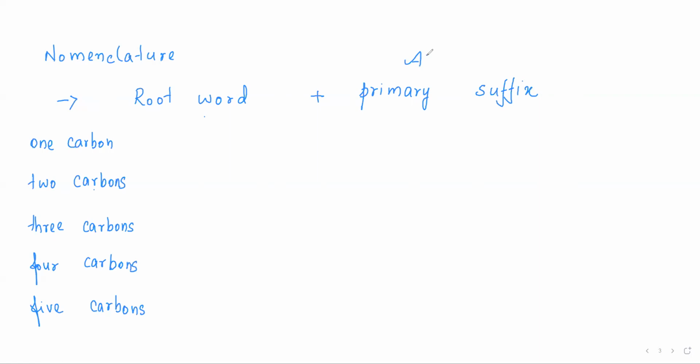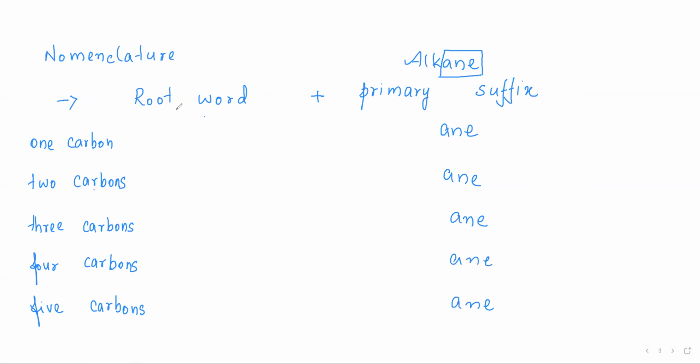So here the name of the homologous series is alkane, so the last three letters of alkane, ANE, are taken as the primary suffix. I have written 5 examples here. All of them, or any other member of this homologous series, will end with ANE, and that ANE is called the primary suffix.